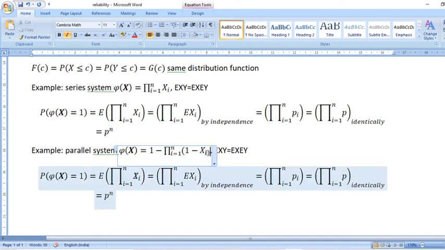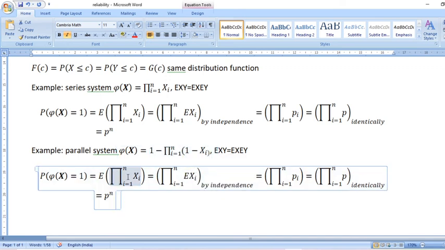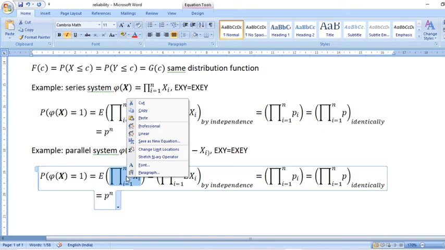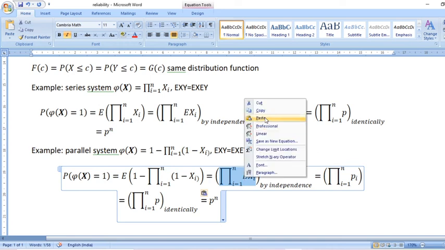This is the structure function, so we can replace phi with this expression. Again we can take the expectation, because of independence we can take expectation inside.